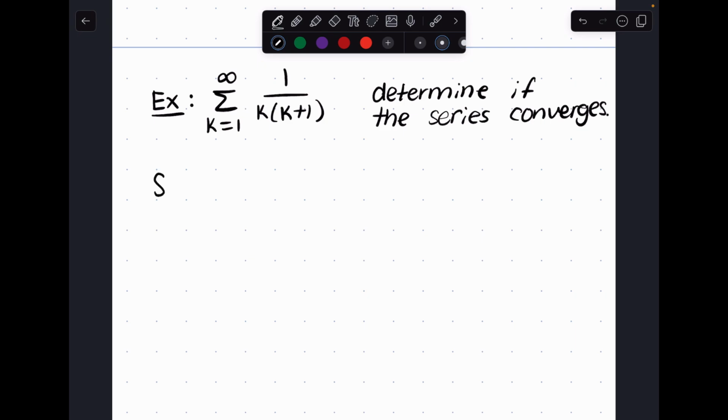So the first term is going to be 1 over 1 times 2, so 1/2. When I add up the first two terms, that's the second partial sum, I'll have 1/2 plus 1 over 2 times 3, which is 6. And I can combine terms here. I end up getting 3/6 plus 1/6, so 4/6, so 2/3.